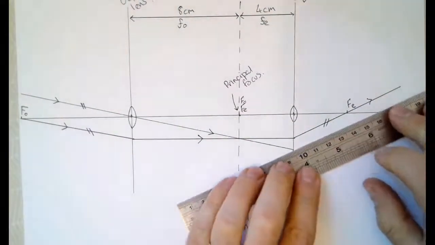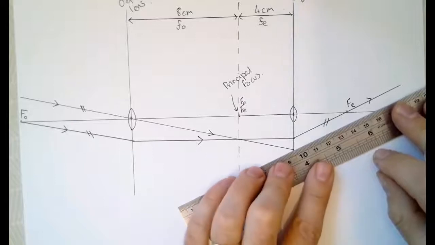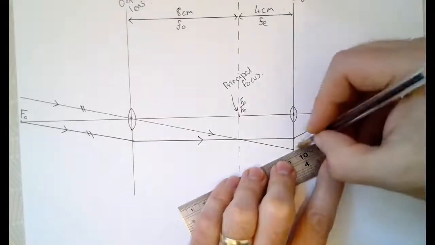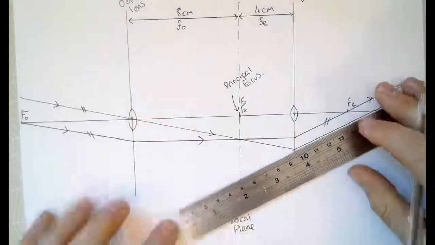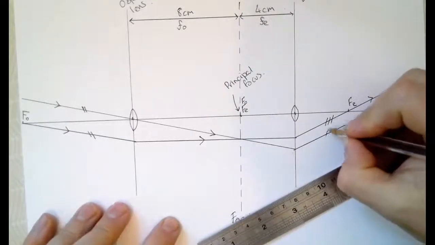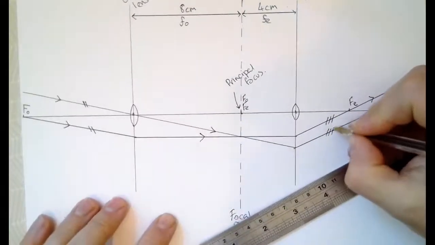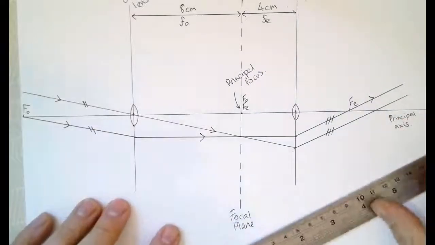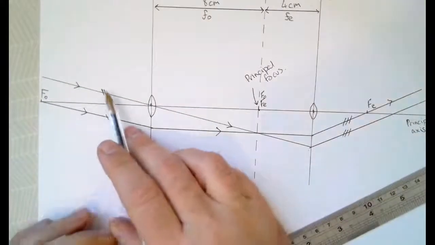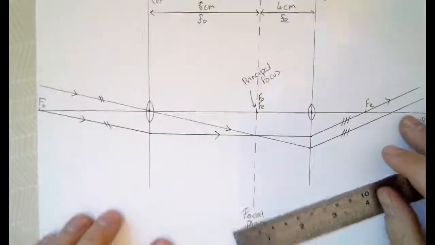So as best I can, I'm going to make this one parallel to our first ray of light. Yeah, I'm quite happy with that. I'm just going to draw 3 dashes on each of these to show that they're parallel to one another. Over here I've drawn 2 dashes to show that these two are parallel to each other.